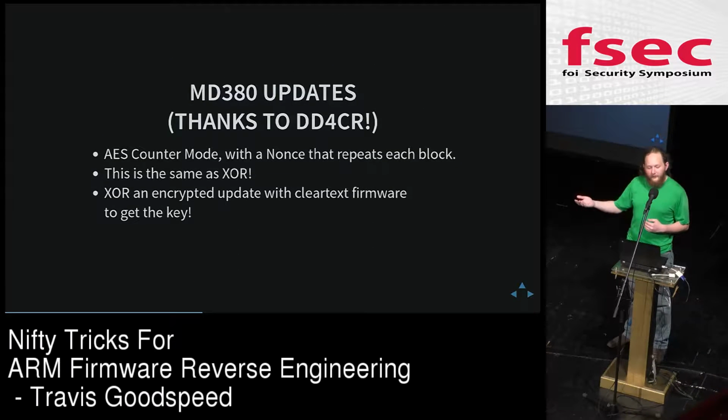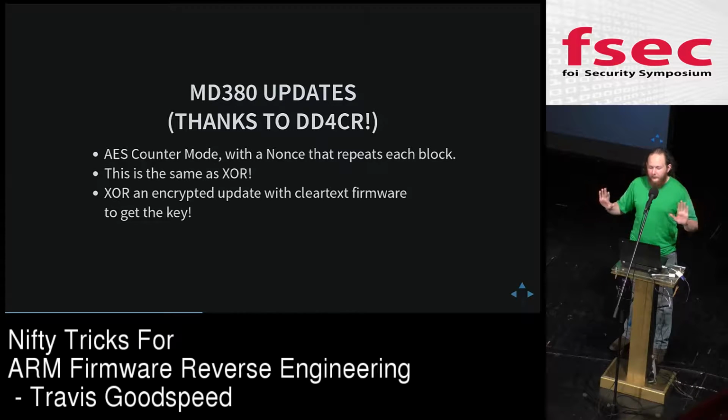So then I gave a copy of both the encrypted and the clear text firmware to my friend Paula, DD4CR. And what she discovered was that they were using AES counter mode, but they were resetting the nonce for every single frame, for every block of flash memory, which means that they were effectively using exclusive OR.